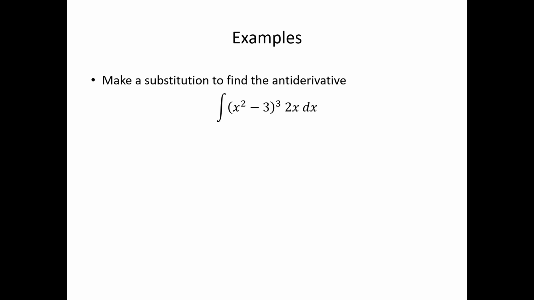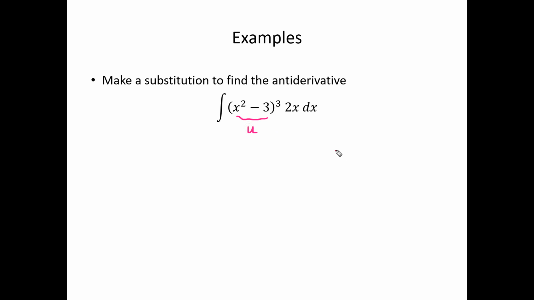All right, so what do I mean? Looking at this piece, it's very clear what the inside would be, because the inside is inside the parentheses. So the inside is what you let u equal.